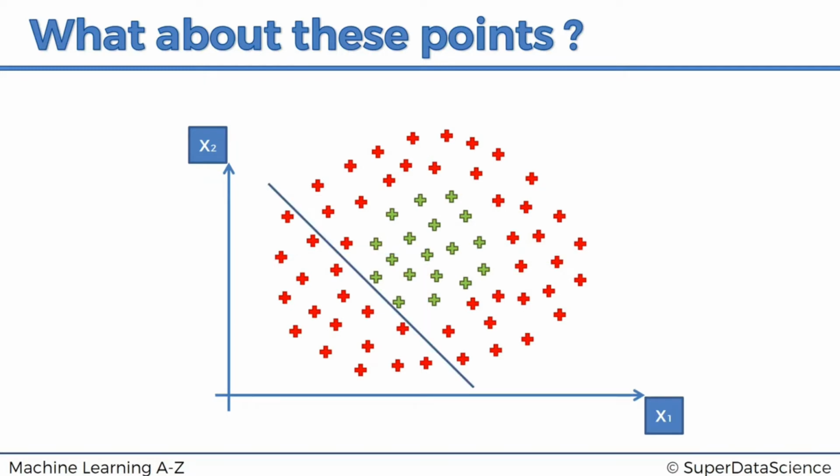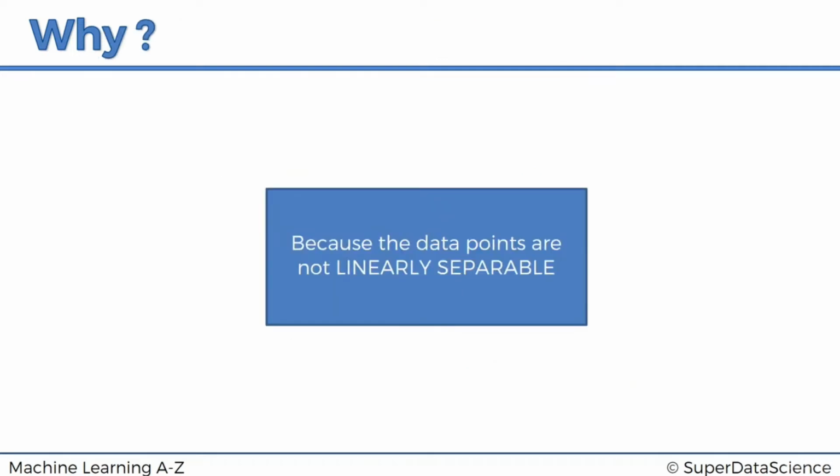Whatever we try to do, we cannot separate these points in the same way that the support vector machine algorithm told us to. And so what happens in this situation? And why does it happen?